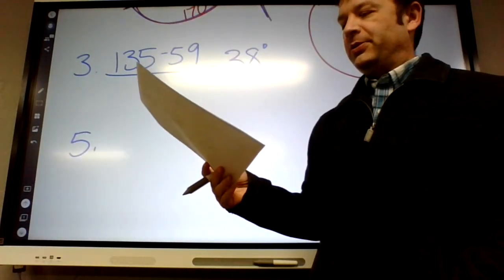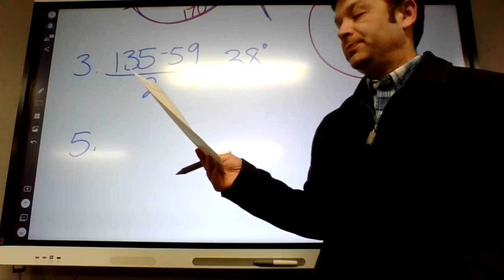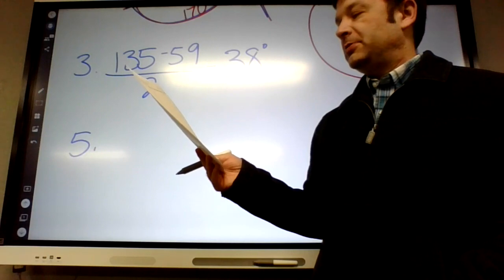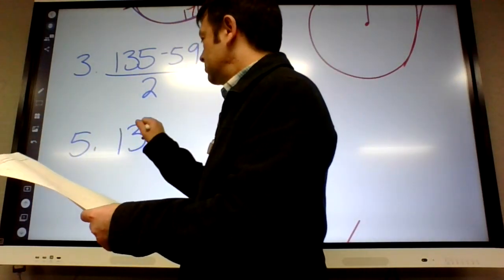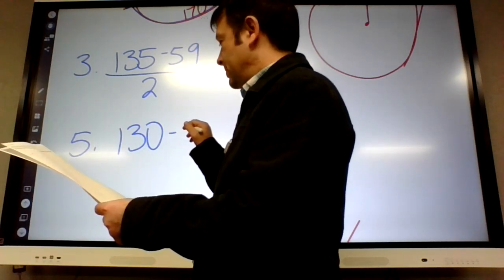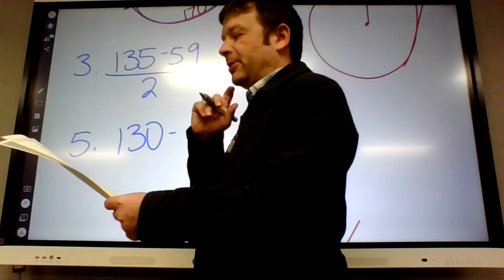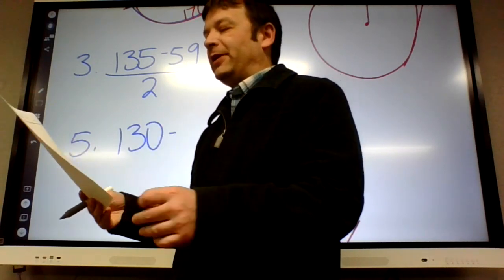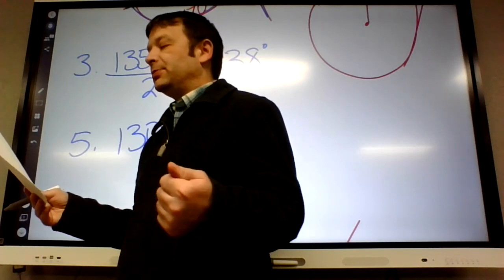Alright, Issa, so number 5 is outside the circle again, so how could we set that one up? Subtract and go back. Just tell me what's right. 130 minus 45. Nope. I don't know how to do it. Okay, on number 3 we did 135 minus 59 divided by 2 equals the angle.